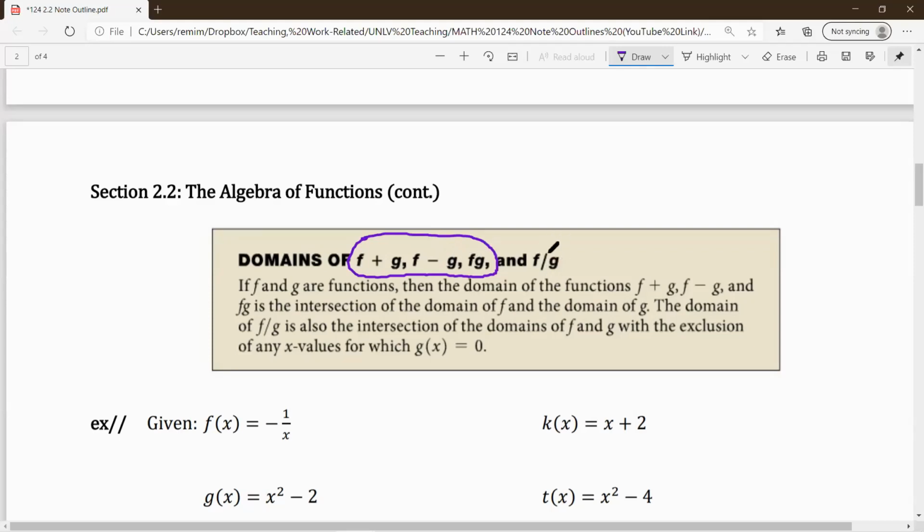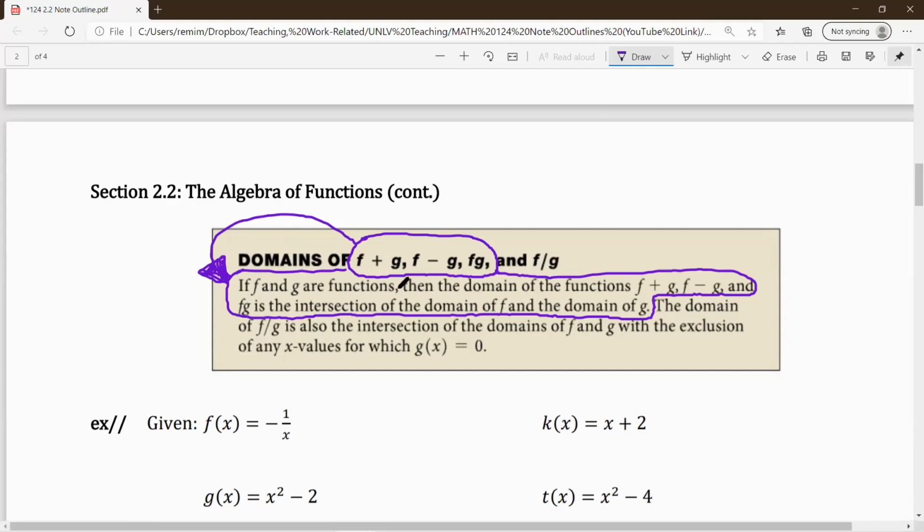And then I'm going to talk about this other one in a little bit, but for these, we have this statement here. So these two go together. So let's read what it says.